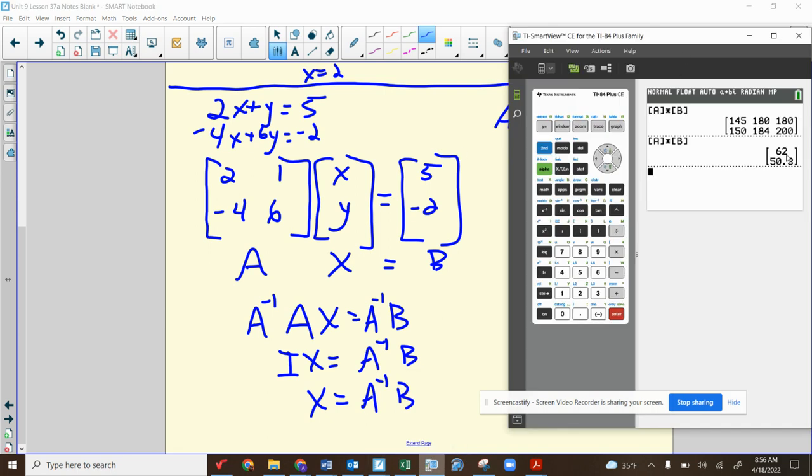All right. If you don't know how to put matrices into the calculator, go back and look at lesson 36. It goes through the directions on that. I'm going to clear my matrices out. Second plus, number 2, number 5, delete, delete. Go into the matrix menu. Type in your A matrix. Type in your B matrix.